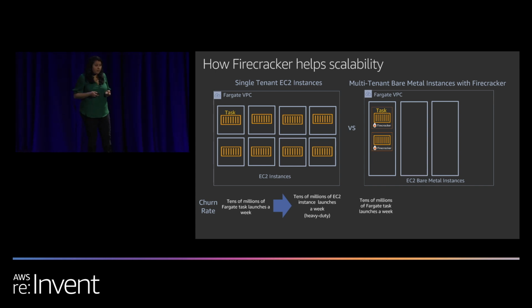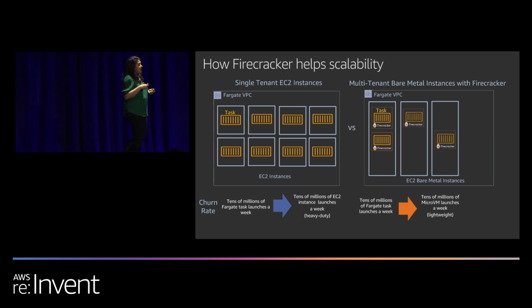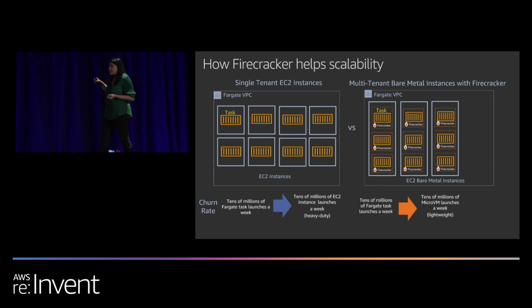So now if we bombard this model with tens of millions of Fargate task launches, it turns into tens of millions of micro VM launches, but micro VM launches, like we said, are designed from the ground up to handle this kind of container-like usage patterns, which are often short-lived and high-churn type patterns.